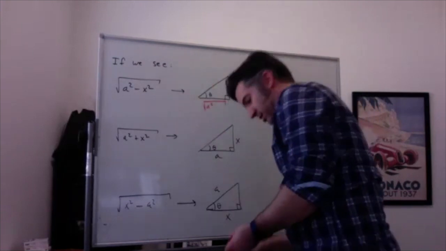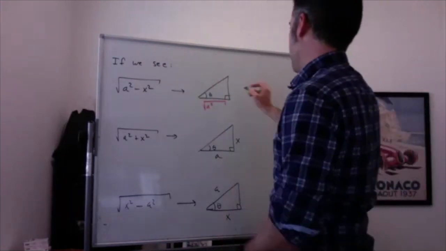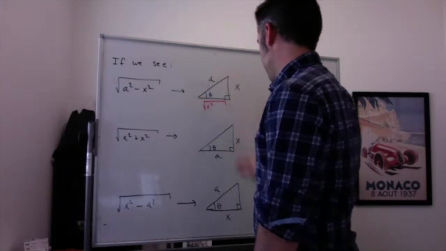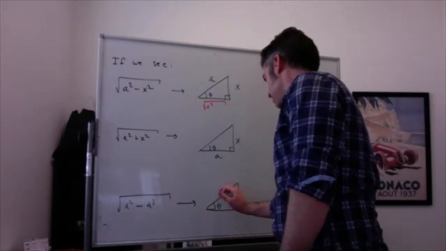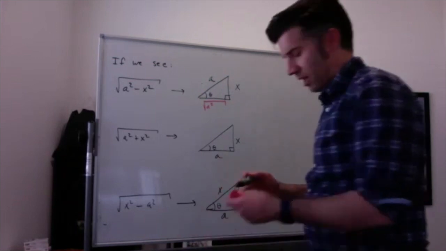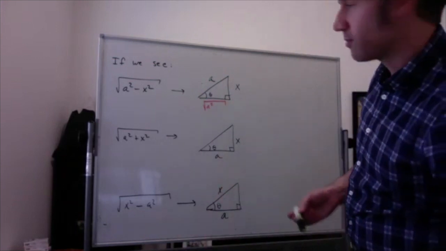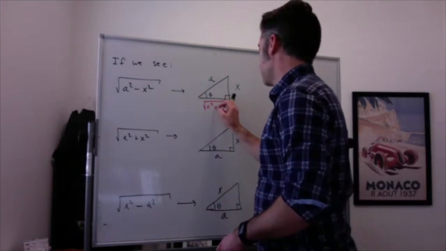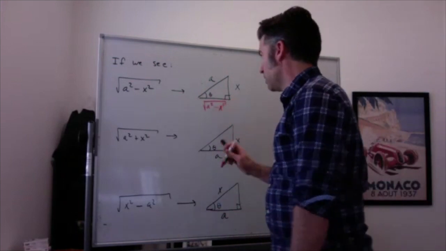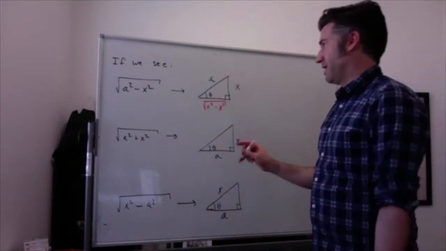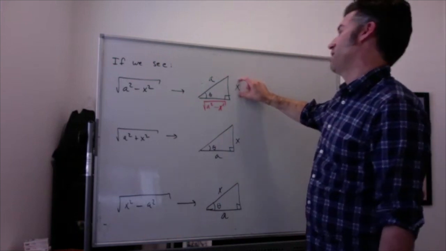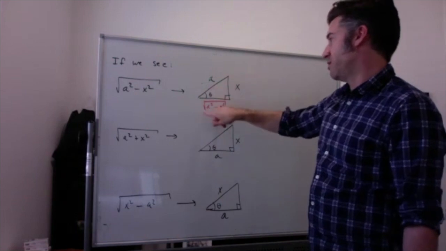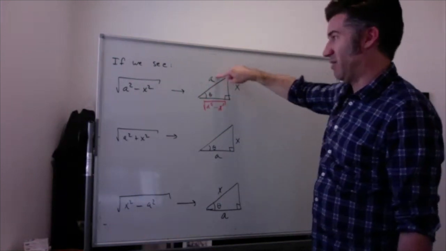I wrote the wrong things. This is supposed to be x and a, and this is supposed to be the square root. Sorry about that. They have to go like this because you need this squared plus this squared to add to that squared.